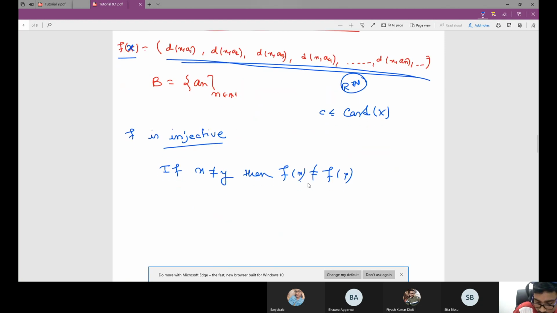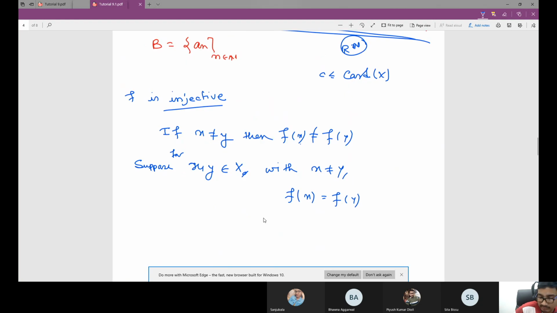Okay. So suppose x and y belong to X, with x not equal to y, we have f(x) equal to f(y). Then what is the meaning?